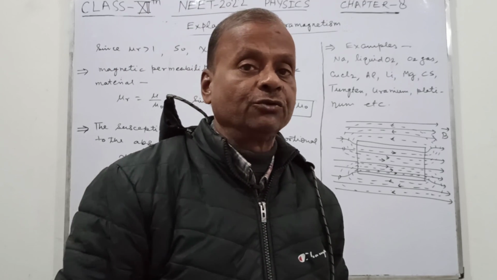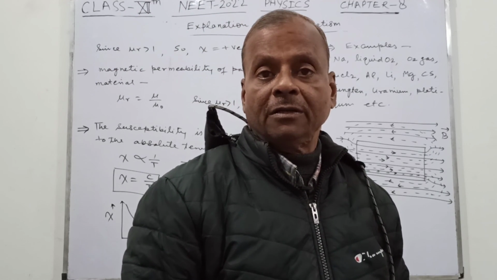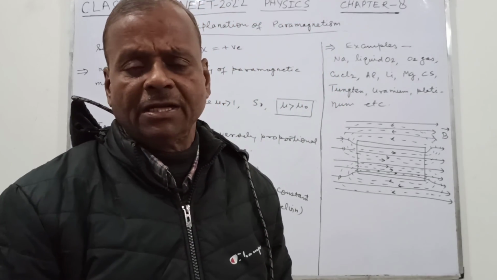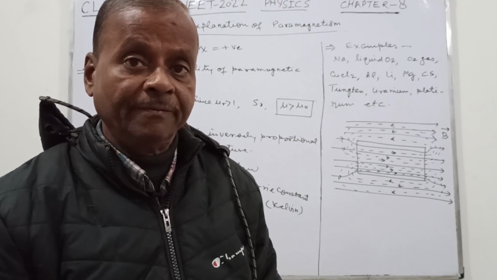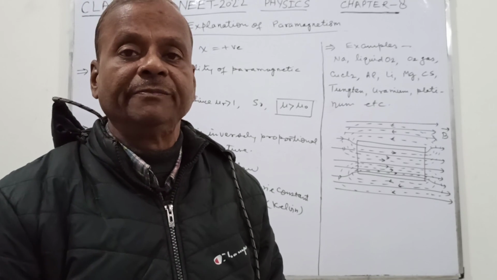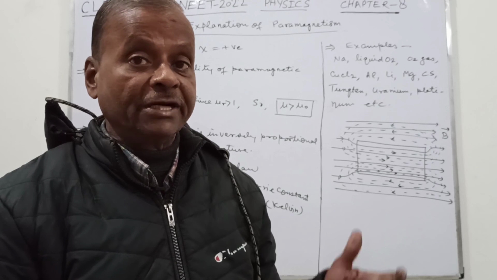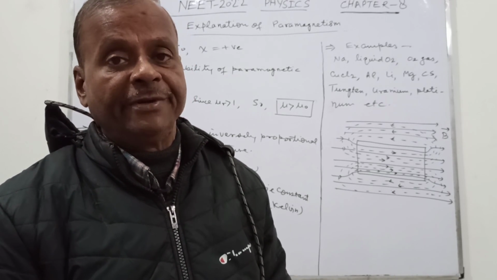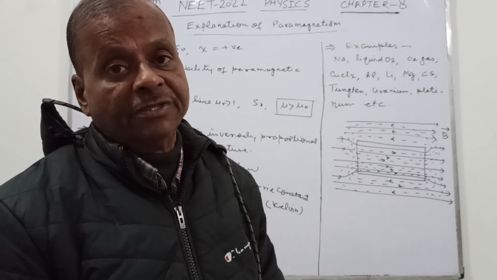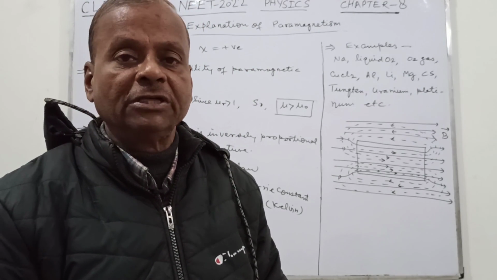In diamagnetic, I showed you that very few lines of force pass through the material, and inside the material they oppose the applied magnetic field, and outside they support it. So they get the magnetism in the direction opposite to the applied magnetic field.